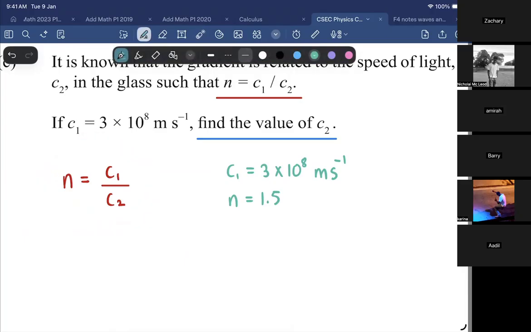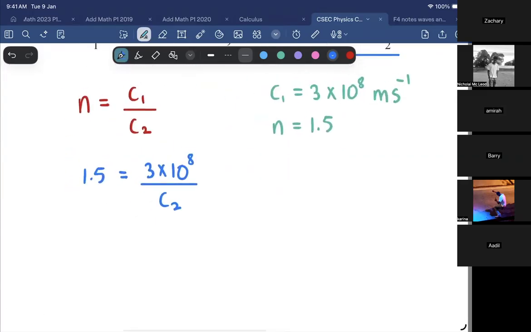So let me do some substitution. I know that N is 1.5. I know that C1 is 3 by 10 to the power 8. And I do not know what C2 is, so I'm going to put over C2. This might be looking a bit complicated, so what you could do is cross multiply. I could write 1.5 as 1.5 over what?